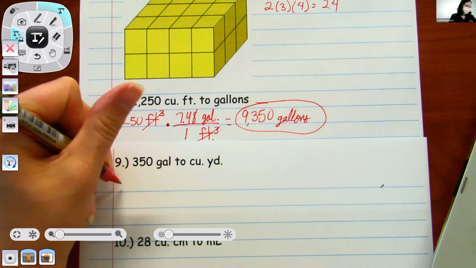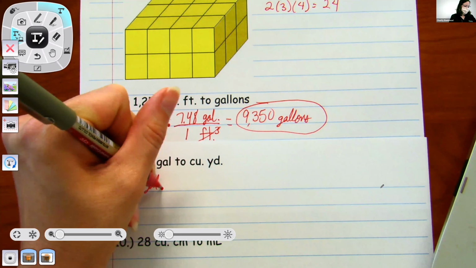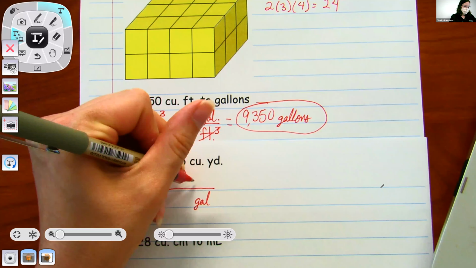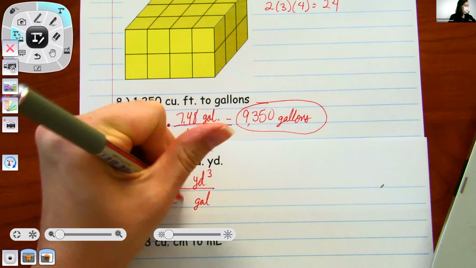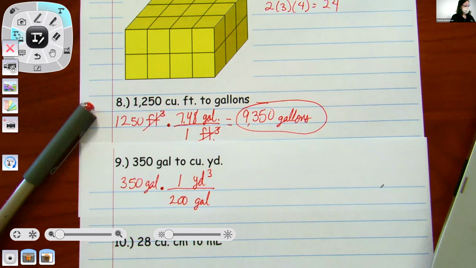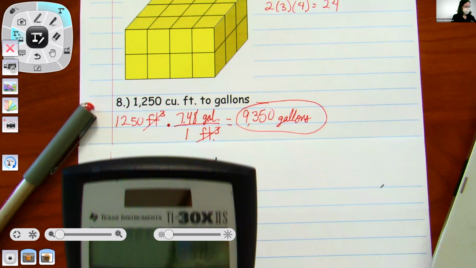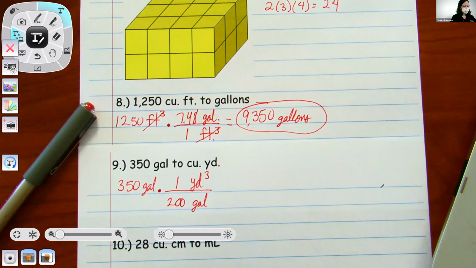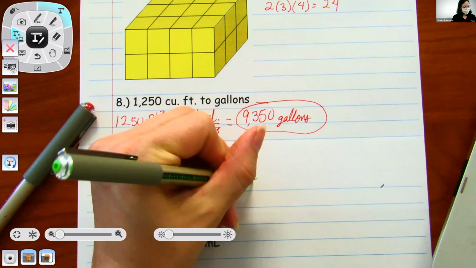So to solve that, we can multiply 350 times 1 over 200. That's 1.75 cubic yards.